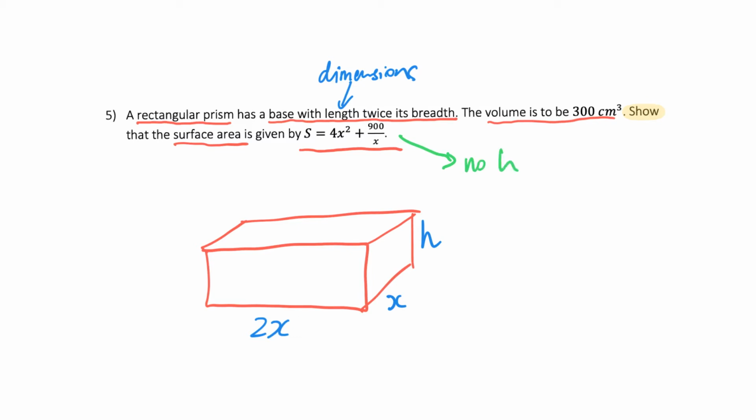All right, so straight away, what that says to me is when we go and get our volume formula, we're going to have to rearrange that volume formula so we eliminate the h. Okay, so that's something you can think about ahead of time before you start doing your actual work, because that may help you think about things a bit better.